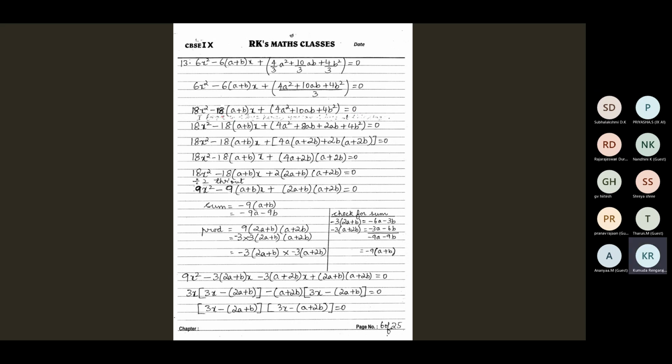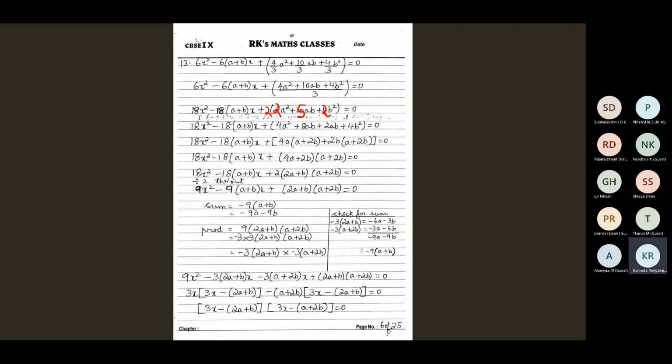Actually, at this stage, you can take out 2 common here. Can you see here? 2 is common. I forgot and I've proceeded like this. Then later here I've divided by 2 throughout. You can divide by 2 throughout here. See, you can take out 2 common. So this will become 2a square, this will become 5ab and 2b square.